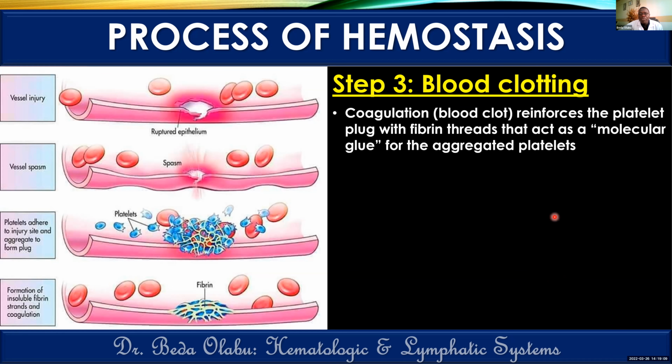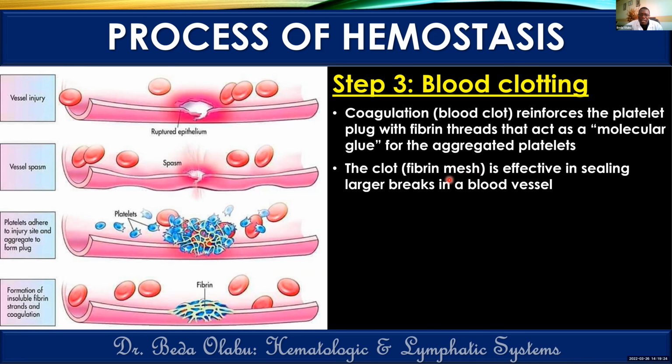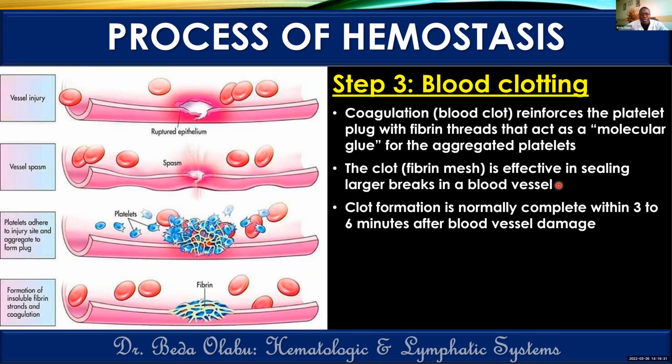The clot helps to reinforce the platelet plug with fibrin. This fibrin usually acts as molecular glue that holds the aggregated platelets together. The clot is a fibrin mesh, and it is effective in sealing large breaks. Formation of the clot occurs within 3 to 6 minutes after vascular damage. Remember, vasospasm occurs very fast, within seconds.